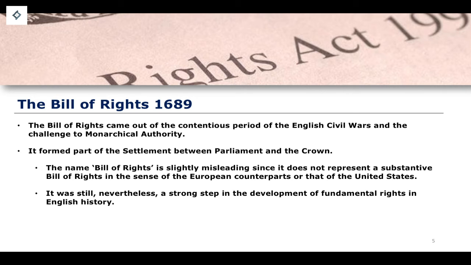So in a similar sense that Magna Carta codified the relationship between the barons of King John and the monarch himself, the Bill of Rights of 1689 tried to regulate the newly invited monarch, William of Orange, back into England, but with restrictions on his authority and on his power, making it very clear, for example, that when it comes to certain competences pertaining to things like lawmaking, the Crown was subordinate to Parliament.